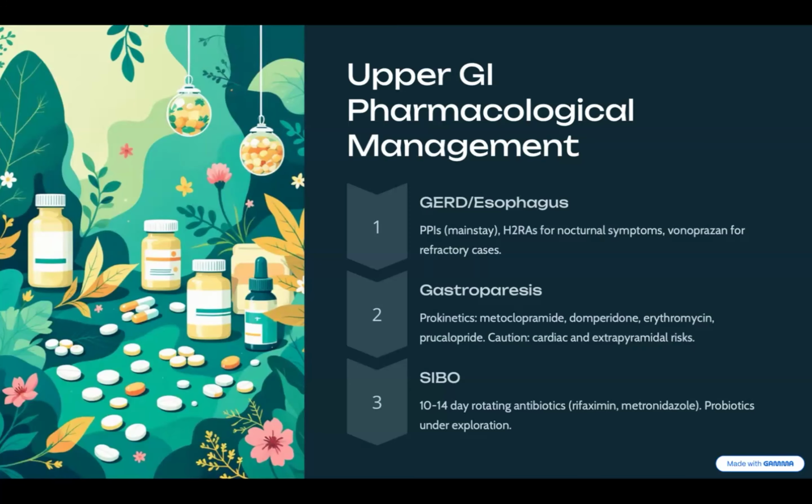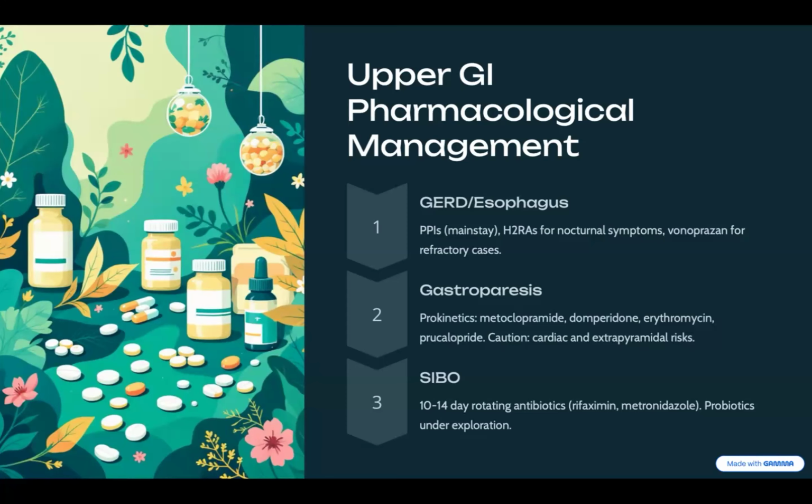So preferably, if you want to give, try with H2 blockers like ranitidine, and then if not working, only then you go for PPIs. That is something. And especially for reflux, one thing we can consider is giving postprandial raft preparations, like Gaviscon and other things, which form a covering above the stomach contents and reduce the reflux.